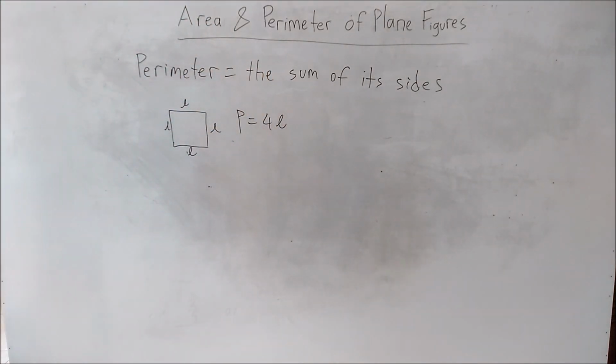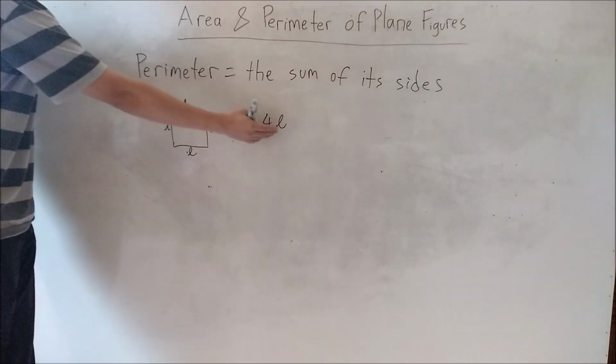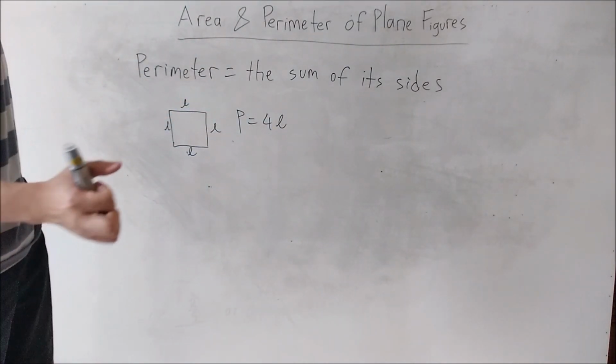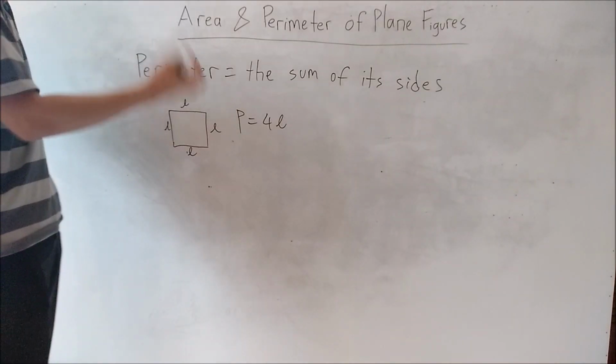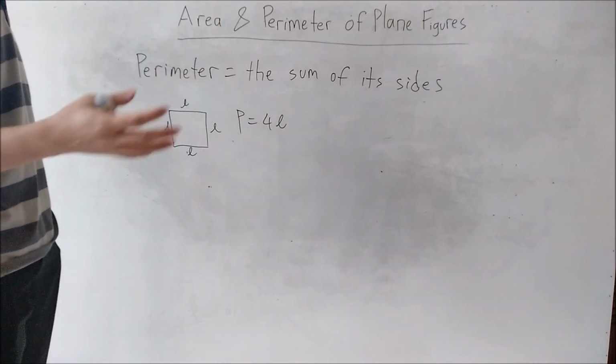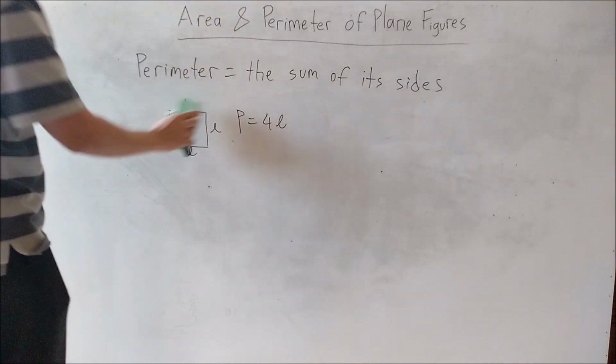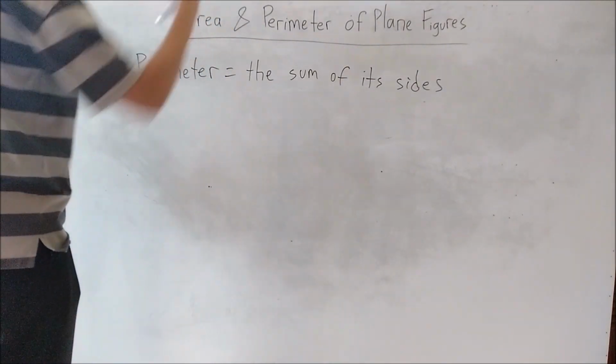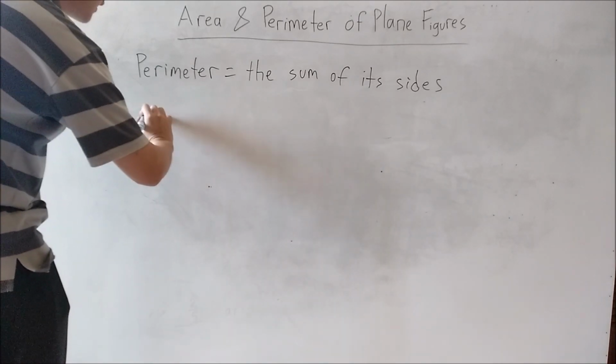That's why the perimeter of a square will turn into 4L or 4S, depending on where you learn it. Sometimes it's called sides, sometimes it's called length. Okay, that is about the square, and it applies to other figures as well, such as the rectangle.